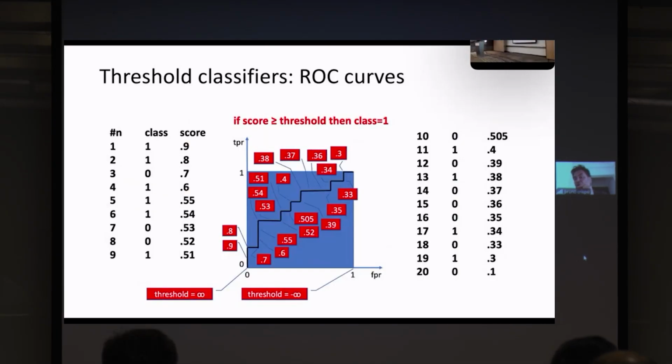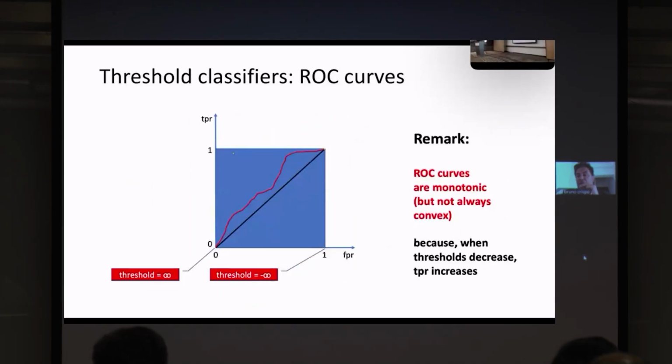This is useful to know how to fix the threshold based on the TPR and FPR that fit your application. You can do this for all the possible thresholds from 0 to 1, and you obtain a curve that is monotonic, because the TPR always increases with the decrease of the threshold.